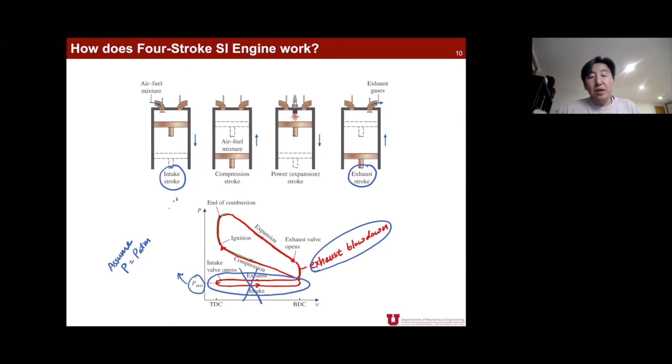And in terms of this exhaust blowdown process, instead of considering that actual gas is exhausted through the exhaust valve, we assume that the same air is trapped in the cylinder and piston assembly.